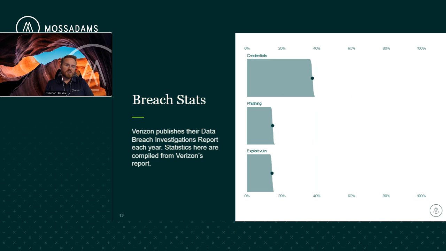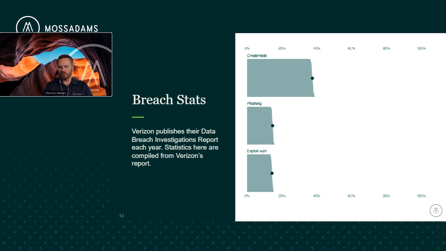The one that's really interesting here is exploiting a vulnerability. So this is technical vulnerabilities, unpatched systems and things like that. There's actually a 180% increase in the use of exploiting technical vulnerabilities from 2022 to 2023. So a major uptick in the use of technical vulnerabilities to perpetrate breaches.